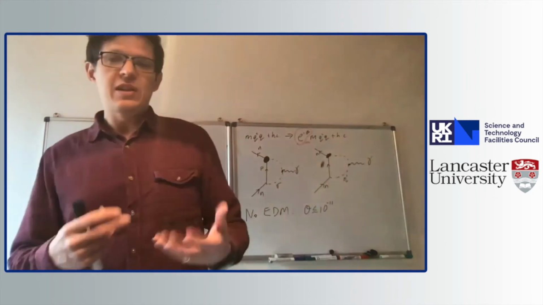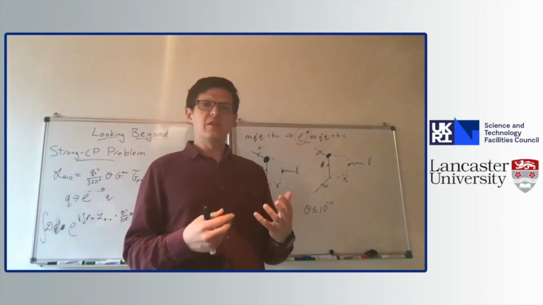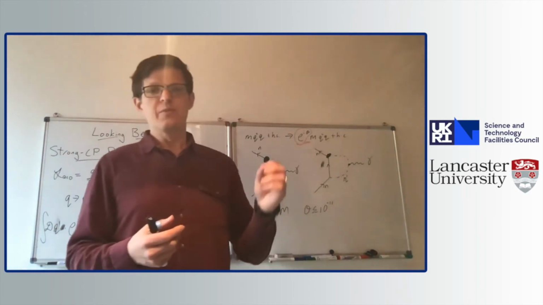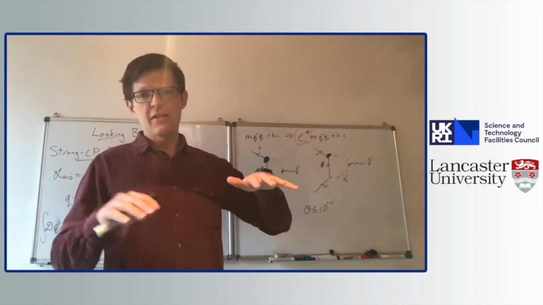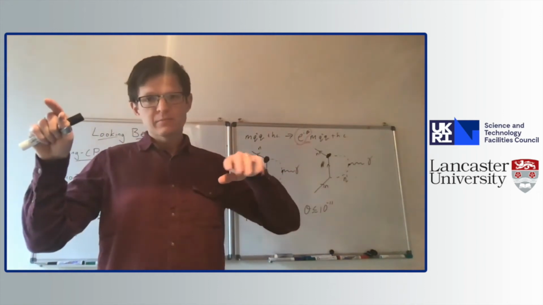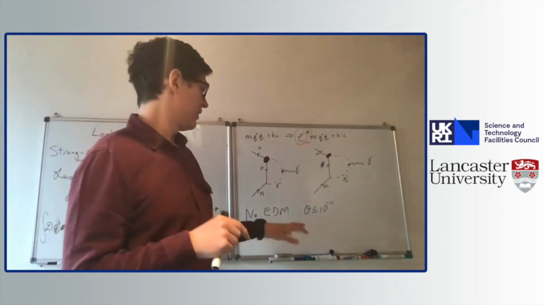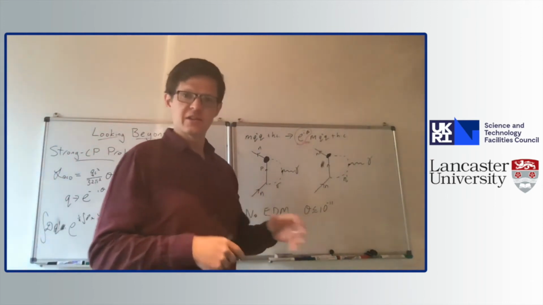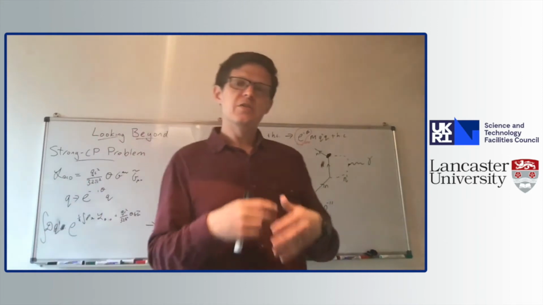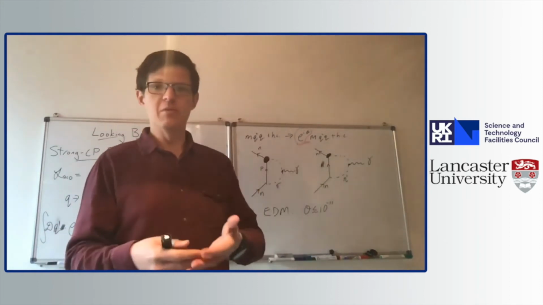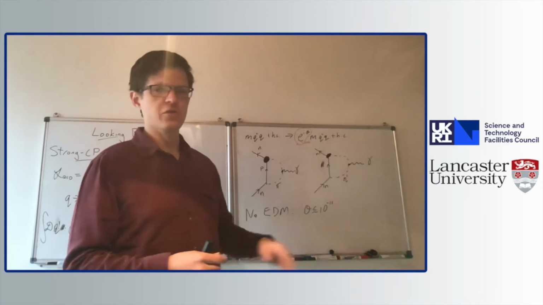Now, there are some potential explanations. There are ways you can remedy this, or explain it. So one interesting thing is within the theory itself, that other phase in the CKM matrix does not feed in very efficiently to things like the neutron EDM. It does at some very high loop order. But that phase itself is not a problem. It does not give you a contribution to the neutron EDM that's too big.